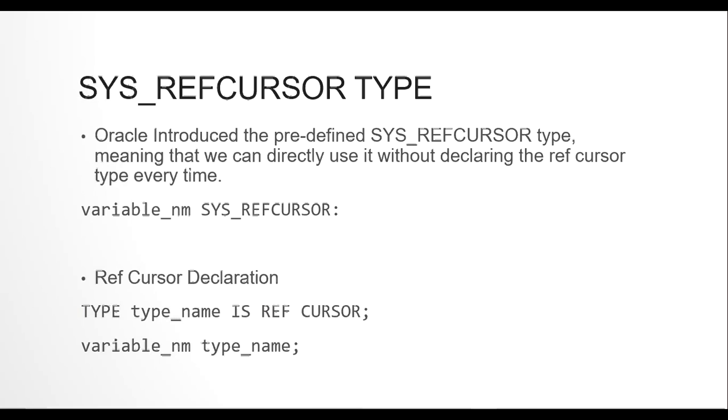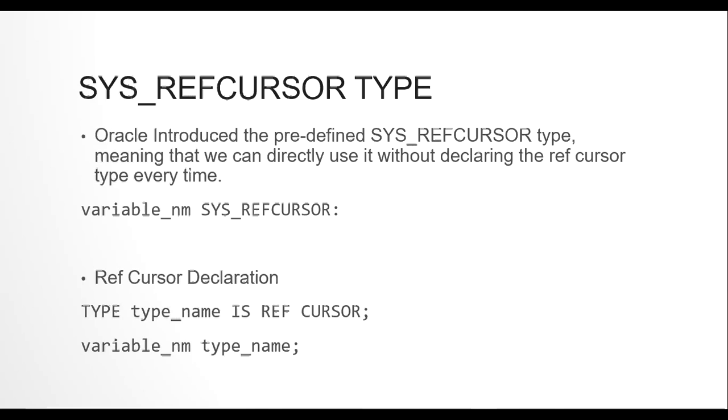So this is what sys reference cursors are. They are system defined or predefined reference cursor types that Oracle has given us. Now there is a very interesting reason why this is required. Say you want to pass a block of data from a function to a procedure, or a function to a function, and you have out parameters, and you want to say that my out parameter is a reference cursor type.